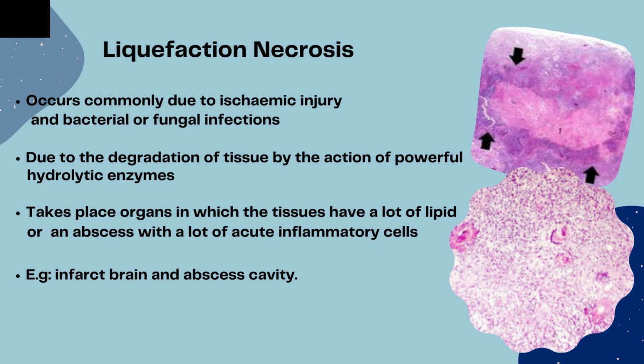This liquefaction necrosis occurs due to degradation of tissues by the action of powerful hydrolytic enzymes. So these hydrolytic enzymes will be the cause of liquefaction necrosis. And the common examples will be in the brain, where infarct brain will take place, and also abscess cavity.